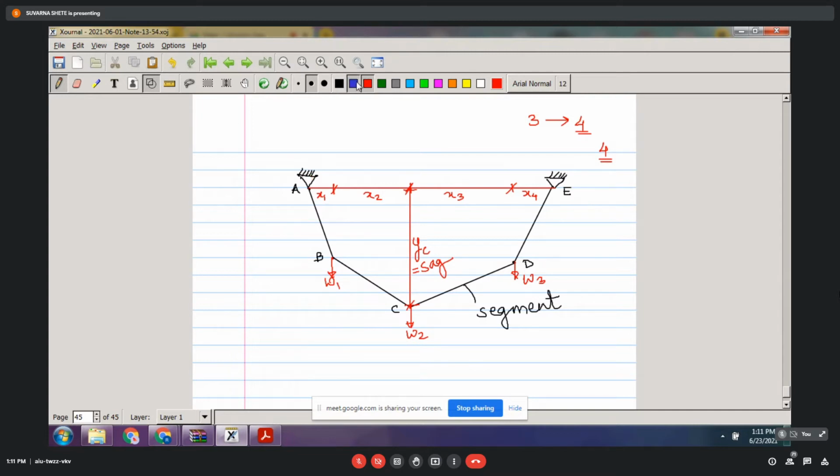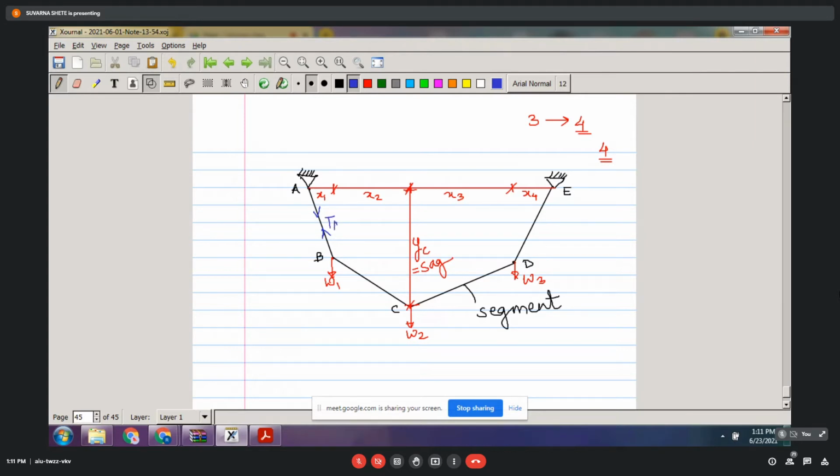Now, I know that all these cable segments are going to carry tension. So in cable segment AB, obviously there will be some tension. Tension is shown by arrows towards each other in the member. Barobar? Okay.